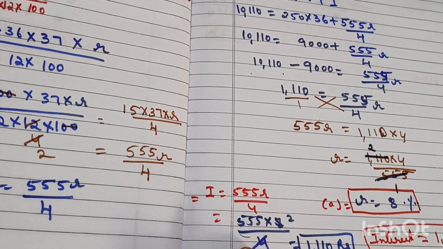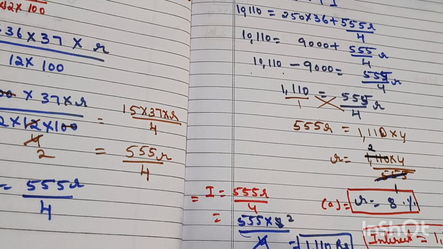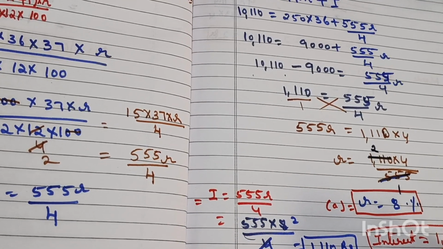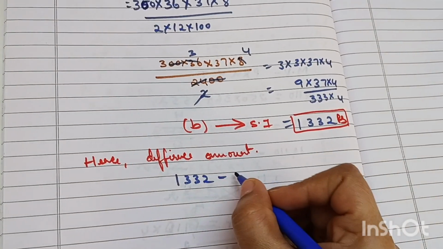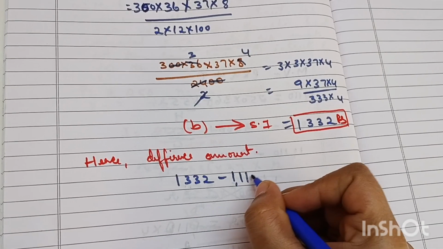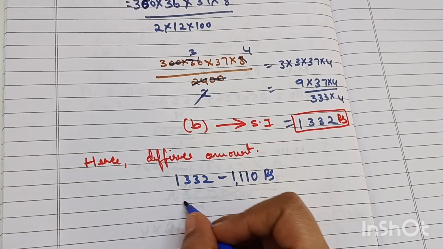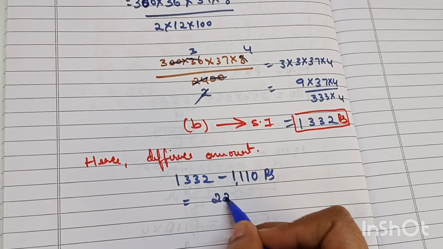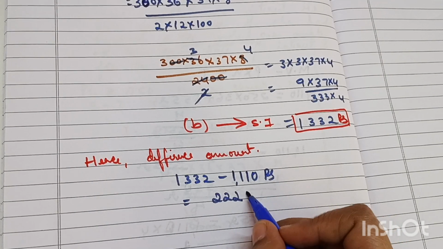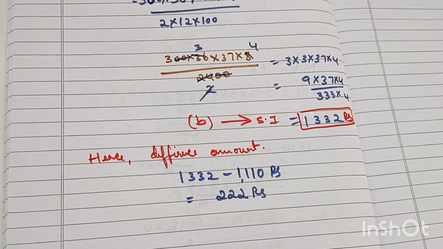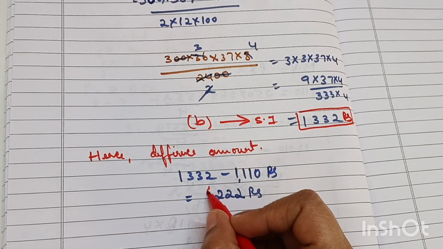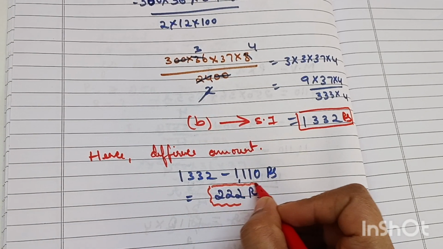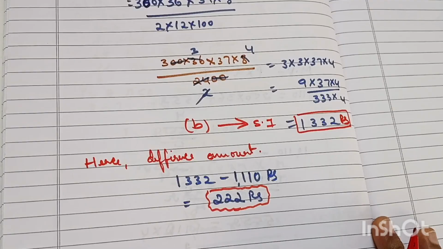Simply substituting the value, we get 1110 as the interest at that time. So 1332 minus 1110 means 222 rupees are the difference amount.